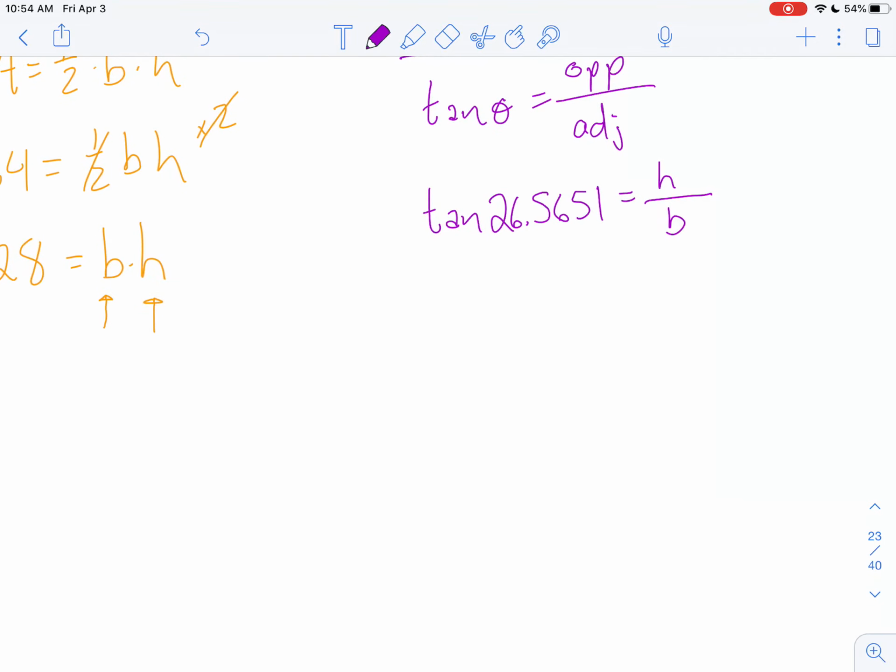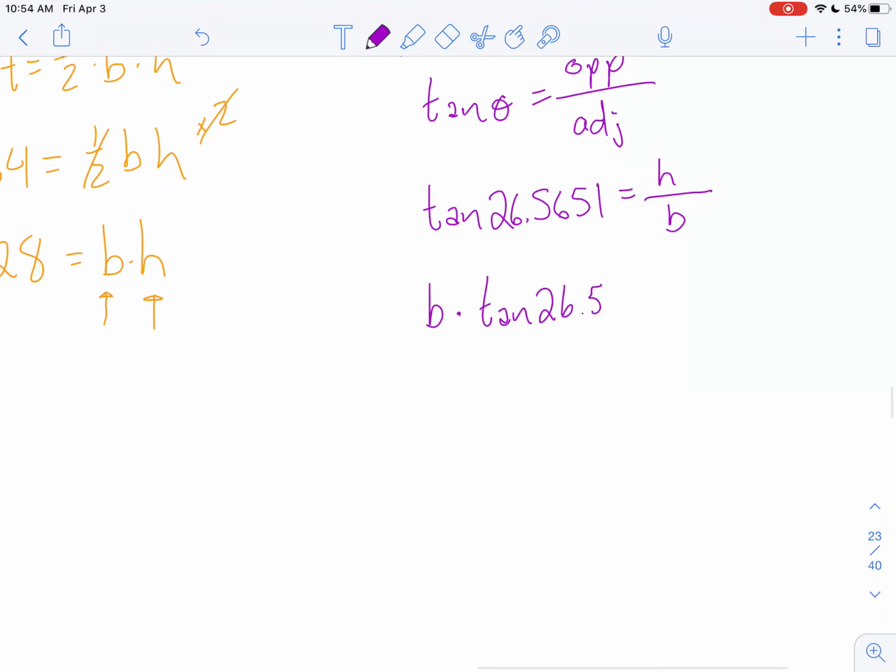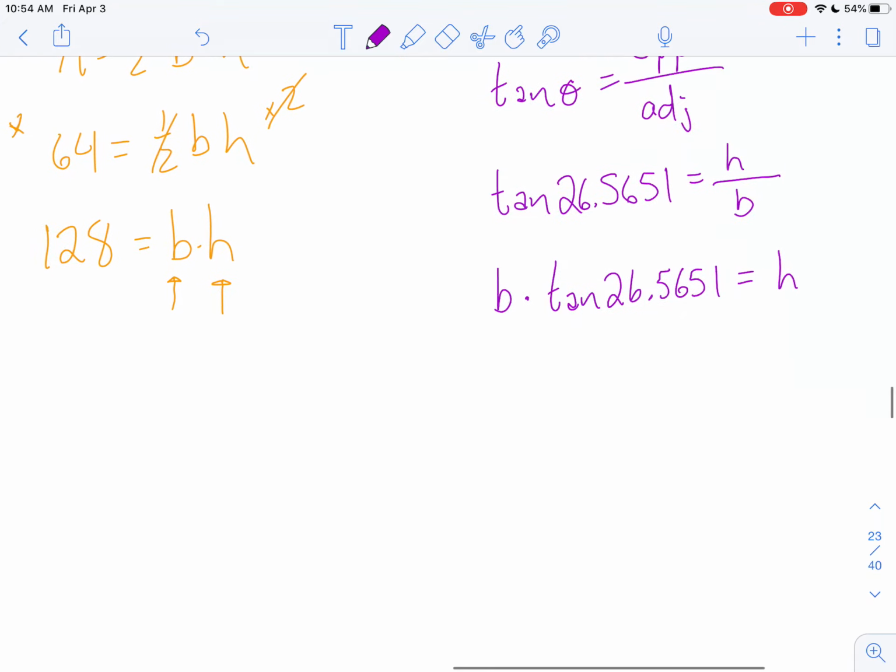So I'm going to rearrange this equation and isolate for h. I'm going to multiply both sides by b, because it was nice and easy to isolate for. So b times tan of 26.5651 must be equal to h.